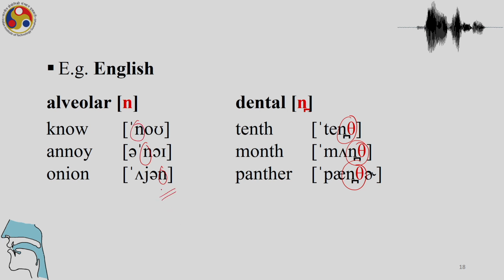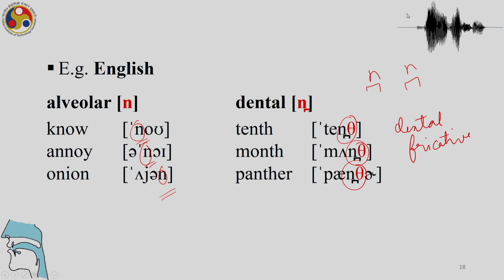Without thinking about this too much, we can immediately see that for each of these words on your right hand side, there is a, remember that this is the English dental fricative, which is also produced as interdental in some dialects. So, this is the English dental fricative, and therefore, the preceding N has the symbol of a dental nasal.